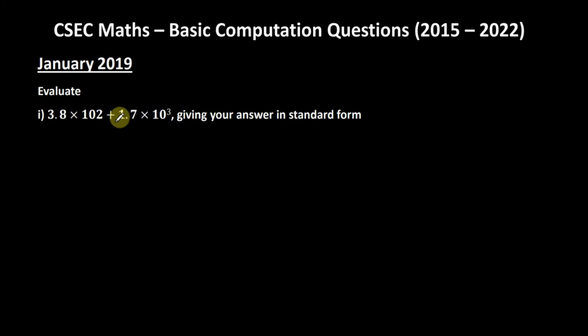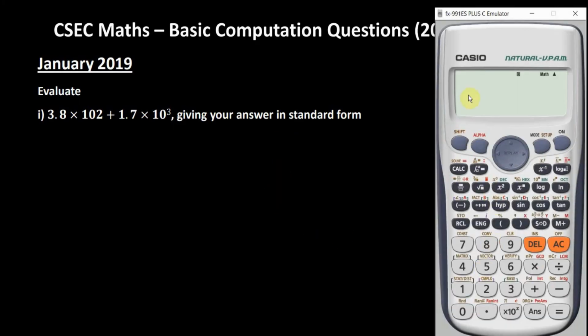And now we're at the January 2019 paper, and here we have 3.8 times 10^2 plus 1.7 times 10 cubed. I want to give our answer in standard form, and of course we can use our calculator for the initial stages in solving this problem. So we can punch in what we have here in our calculator.